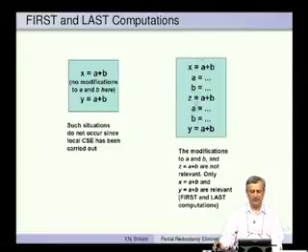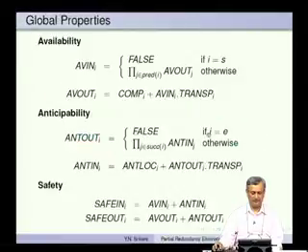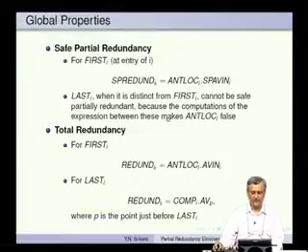So, if first and last do not coincide, that means there are modifications of A and B in between, and therefore, this last computation cannot be seen as a redundant computation and replaced with some variable which stores A plus B. We have to do a fresh computation of this again. So, that is what this is saying: it cannot be safe partially redundant because the computations of the expression between these makes ANTLOC I false. Okay.